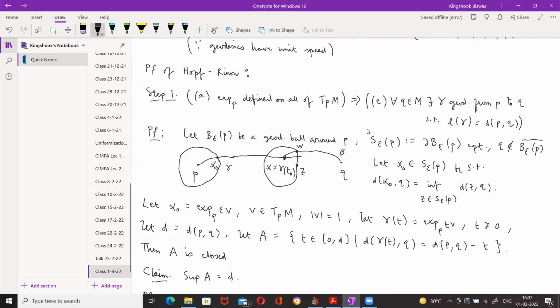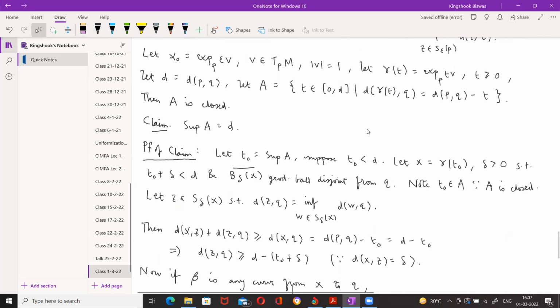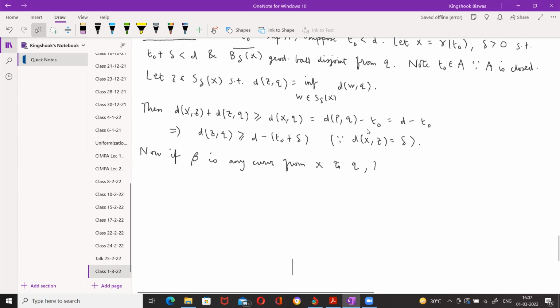A first point where it leaves the ball. So let me call that point W. So let W equal the first point of intersection of beta with S delta X.